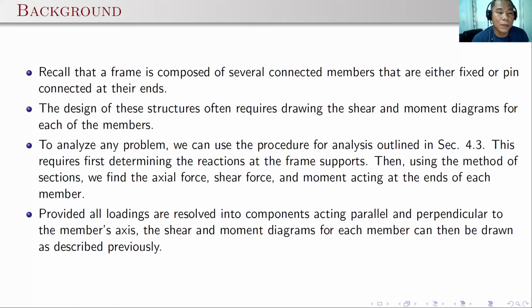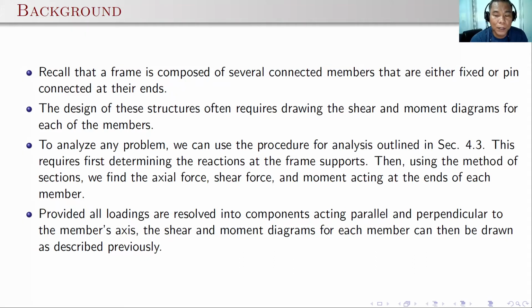This requires first determining the reactions at the frame supports. Then using the method of sections, we find the axial force, shear force, and moment acting at the ends of each member, provided all loadings are resolved into components acting parallel and perpendicular to the member's axis.